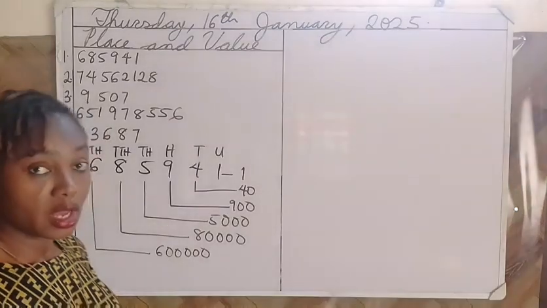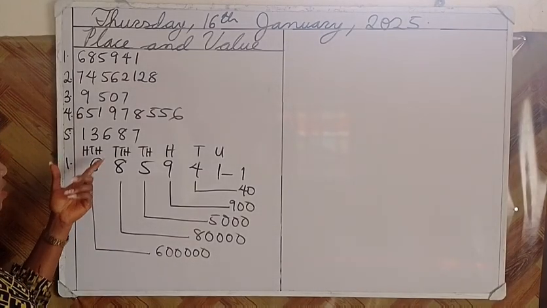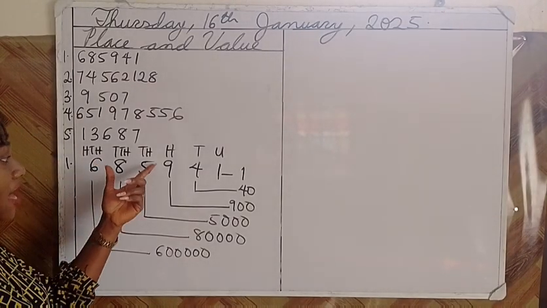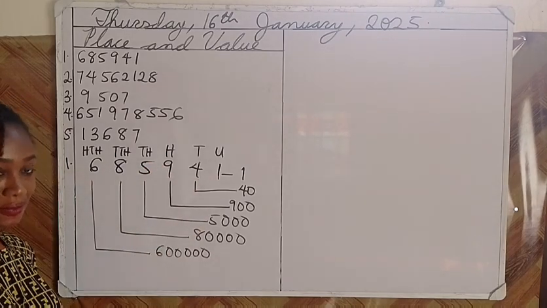Now, how do we write these numbers in words? Going by the value and the place of these numbers, we would say this number is 685,941. Right?